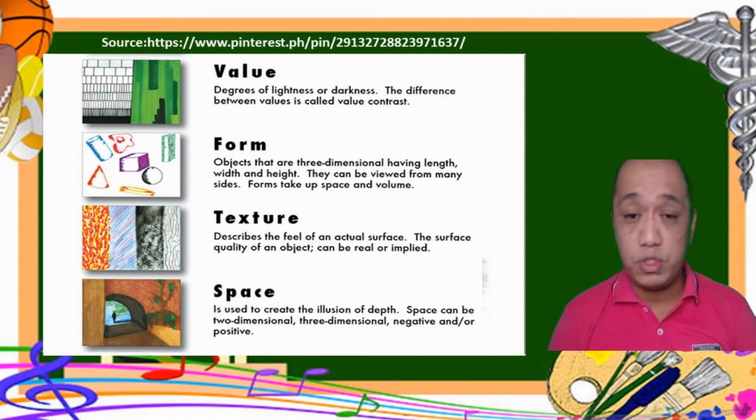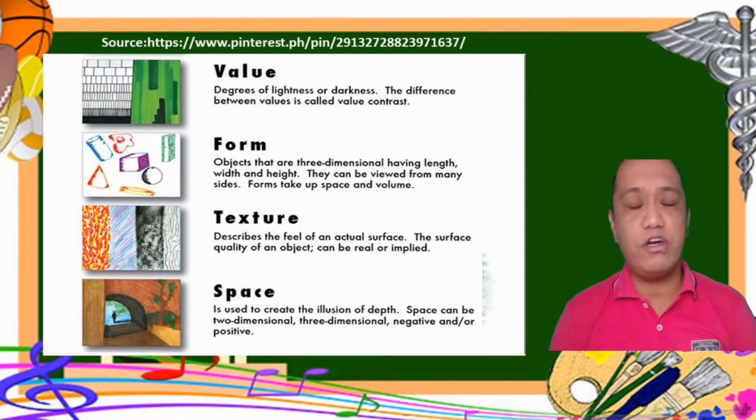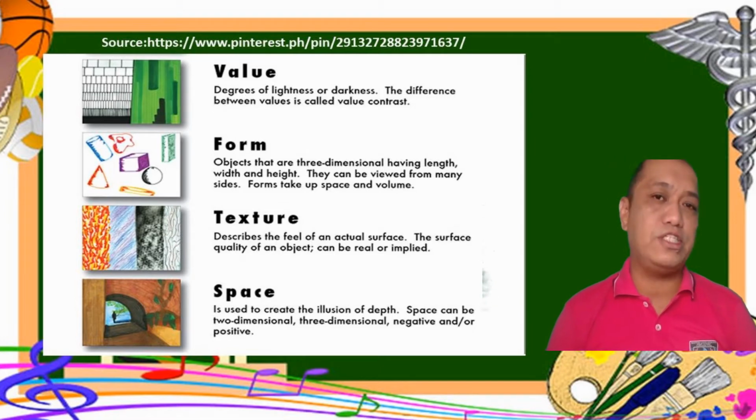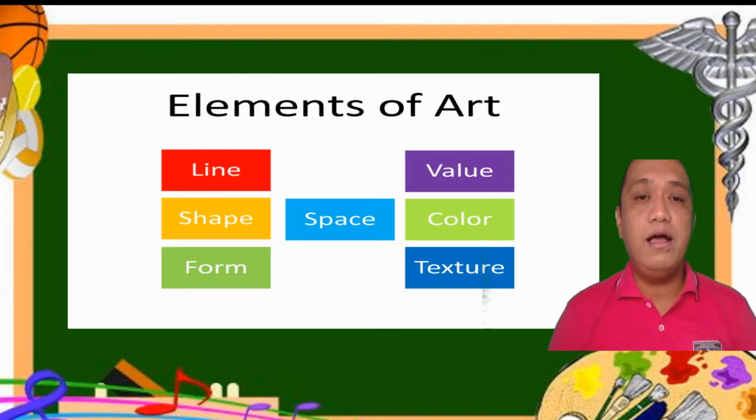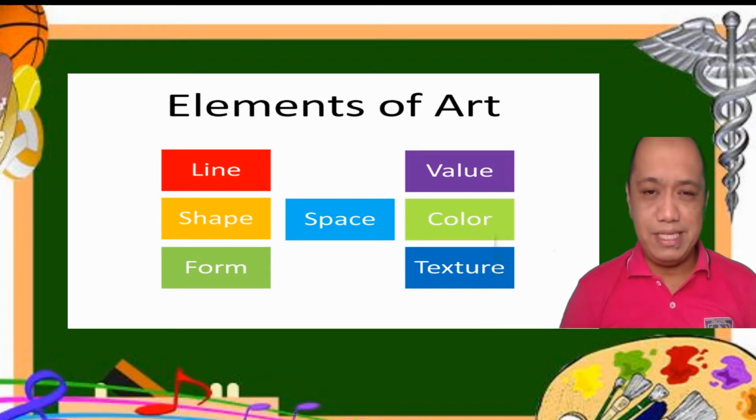Space can be 2-dimensional, 3-dimensional, negative, or positive. So those are the 7 elements of art: line, shape, color, value, form, texture, and space. Hope you remember those elements because they are needed to fully understand the lesson in modern art, which is Impressionism.